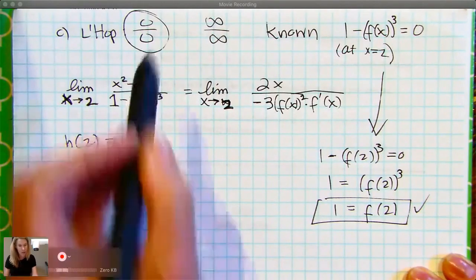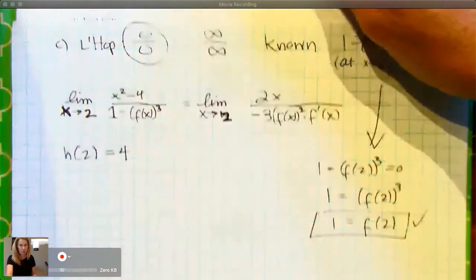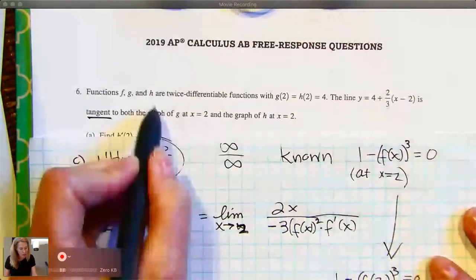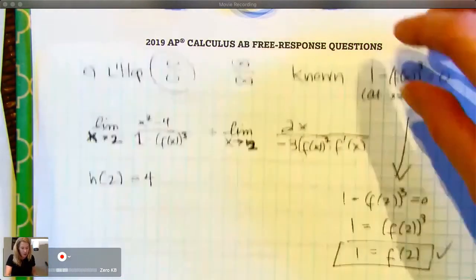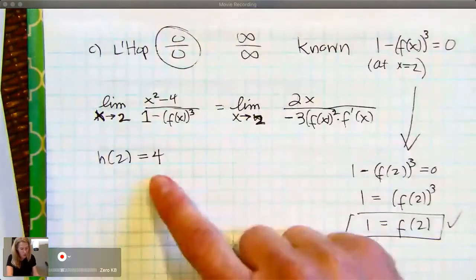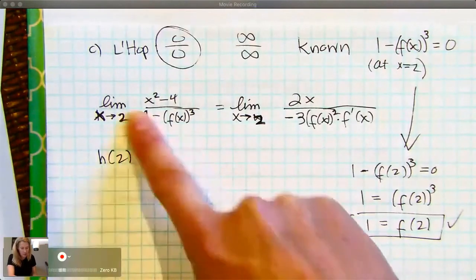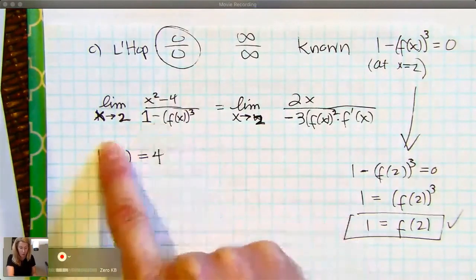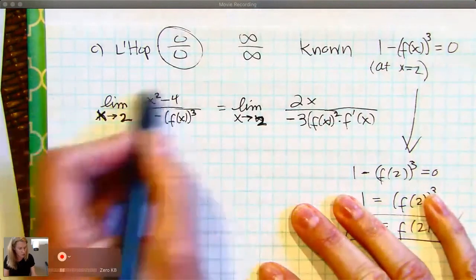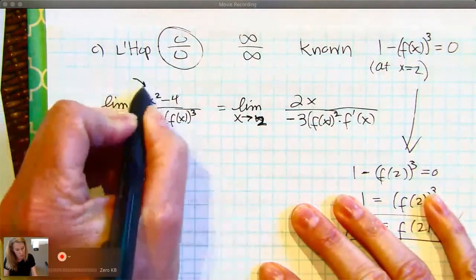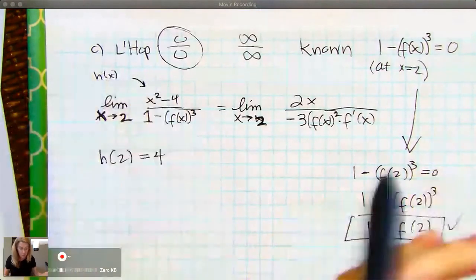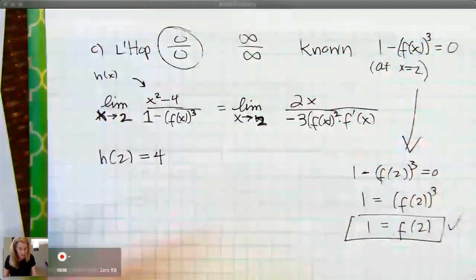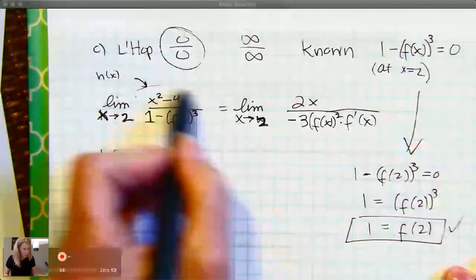And I also know that h is twice differentiable, meaning h is differentiable, meaning even though this limit is approaching 0 over 0 when x equals 2, and this is h of x here, since this whole thing is differentiable at x equals 2, this has to equal 4, right?